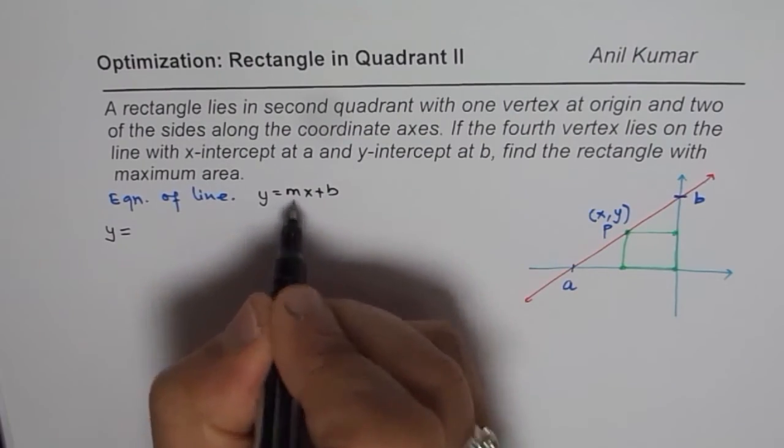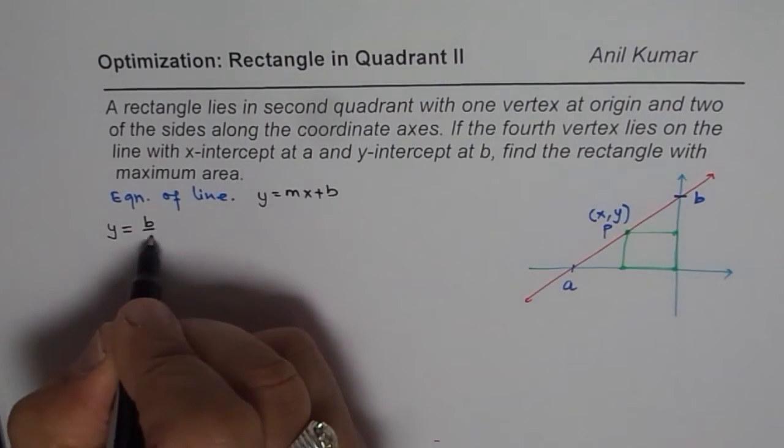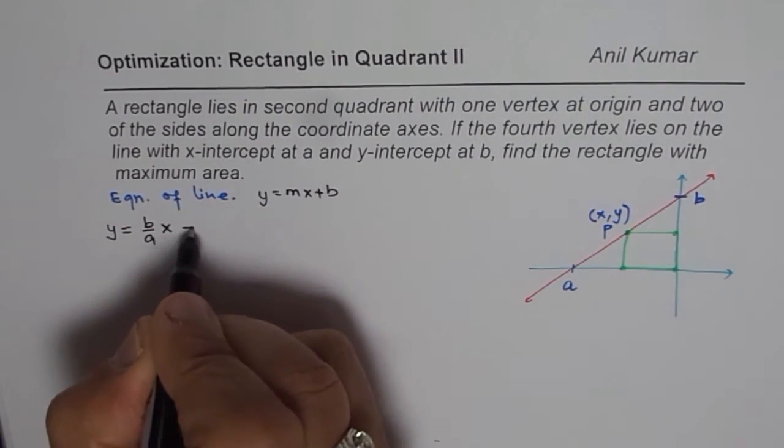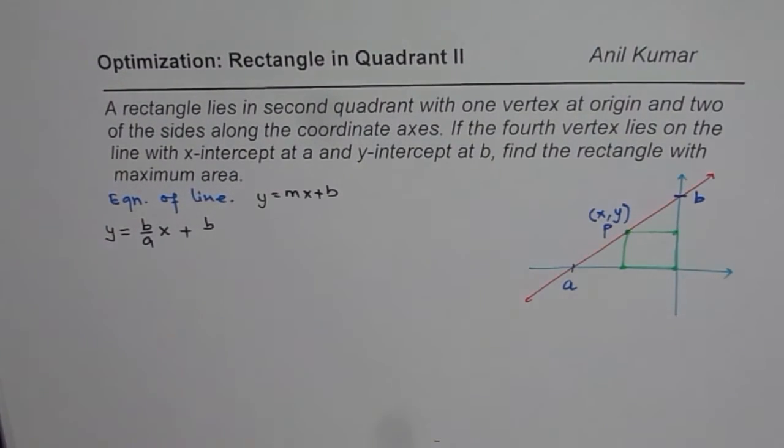So we have to figure out what m is. The slope is b over a, you rise b, run a. So the slope is b over a, x plus the y-intercept b. So that becomes the equation of the line.